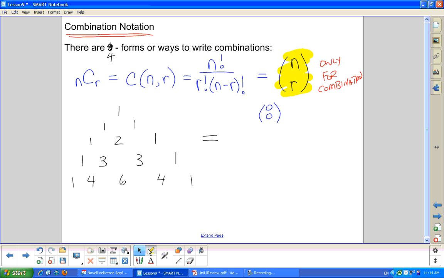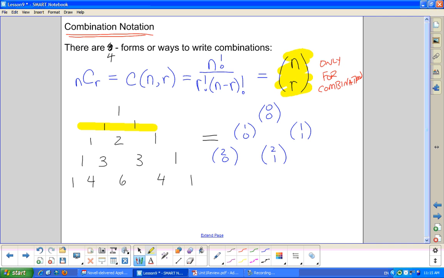For row number 1, you would have 1 choose 0, and 1 choose 1. For the next row, you'd have 2 choose 0, 2 choose 1, 2 choose 2.